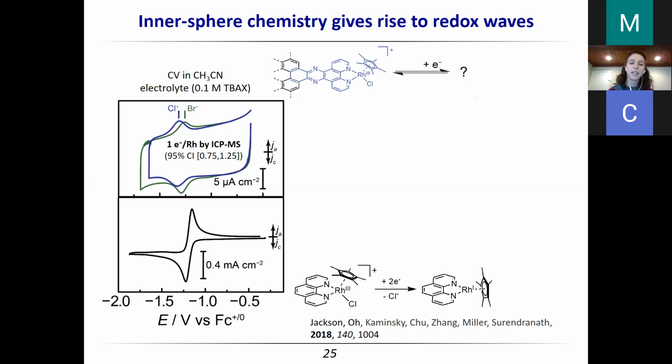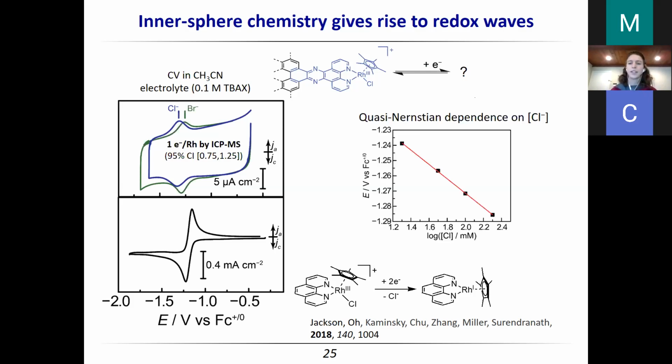Then we were interested in, is this a chloride coupled process? One way to probe that was to swap out the chloride ion for a different ion. You can see that when we substitute bromide in the electrolyte for chloride, we see the wave shift. So that was an indication that it was coupled to the chloride or to the bromide.